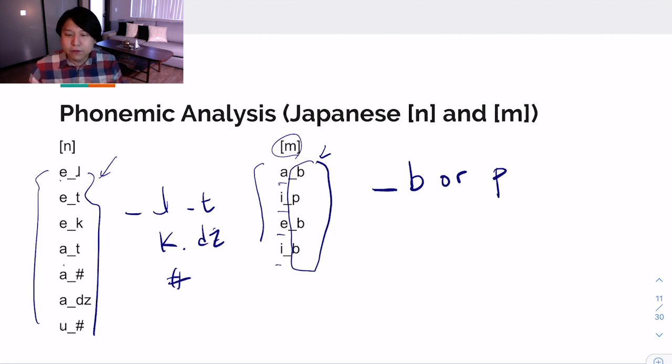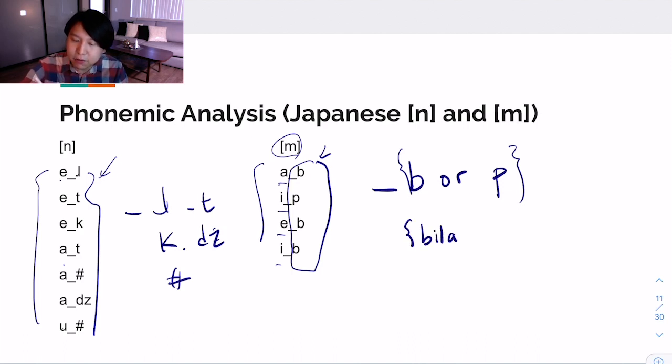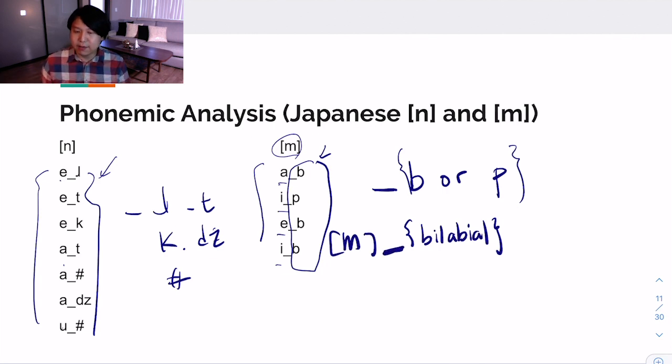And you learn from the natural class concept that B and P can be defined as a natural class of bilabial. So in a more elegant way, you can say that M exists before bilabial position and N exists elsewhere.